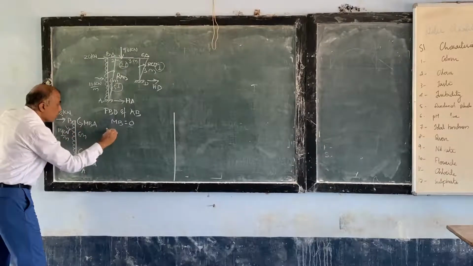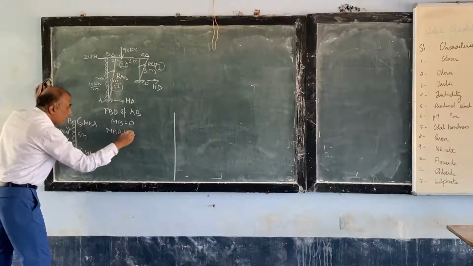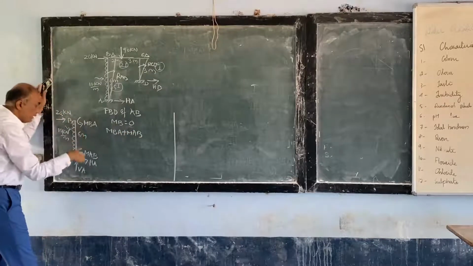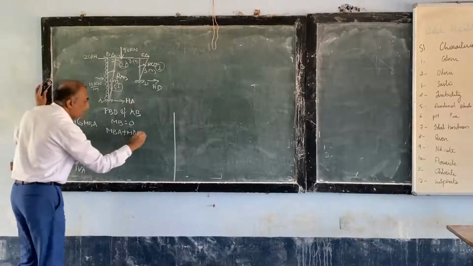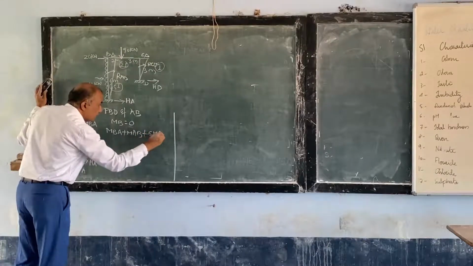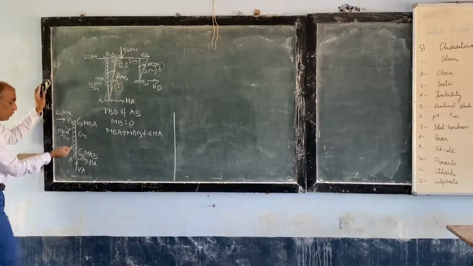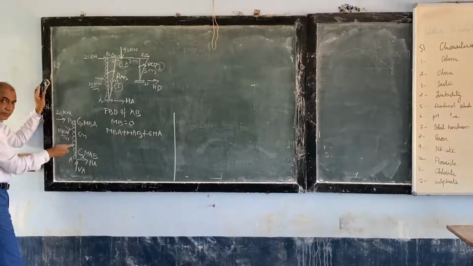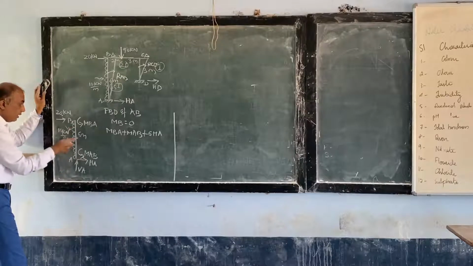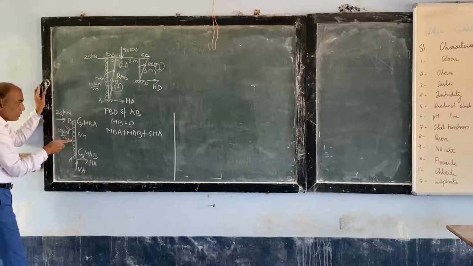MBA positive plus MAB positive, anti-clockwise, since our anti-clockwise side is positive. HA into 6, plus 6 HA, is also positive anti-clockwise. Moment due to VA is 0. Moment due to 20 is also 0. But moment due to the UDL is there. 10 into 6, the load acting at the center, so into 3.